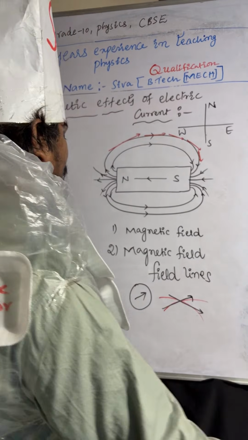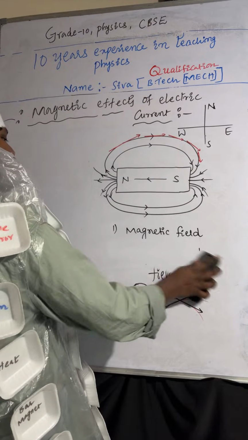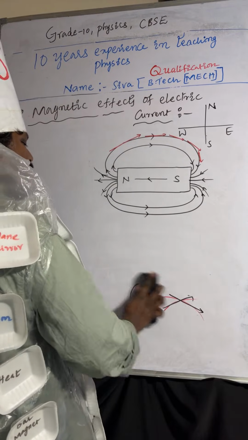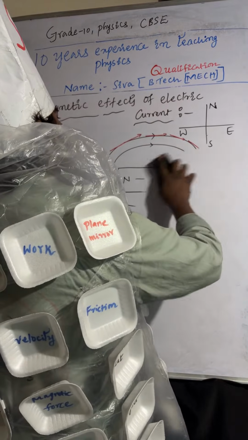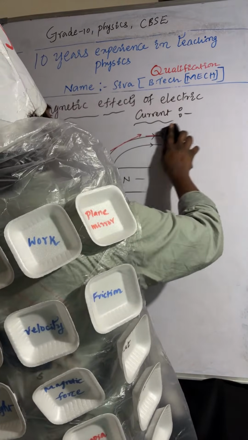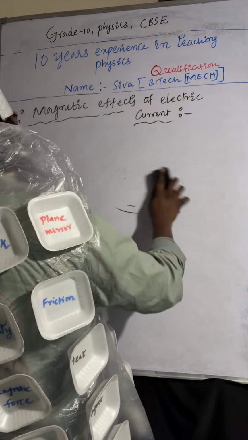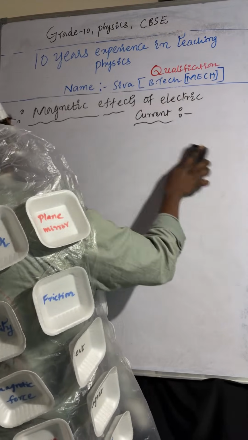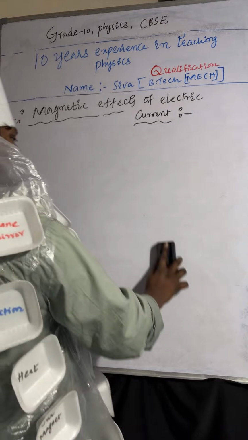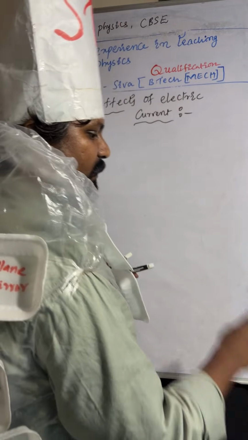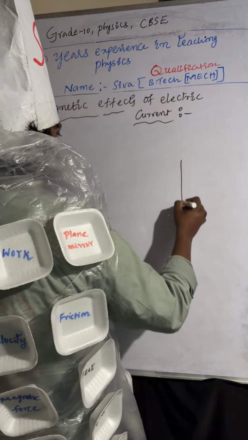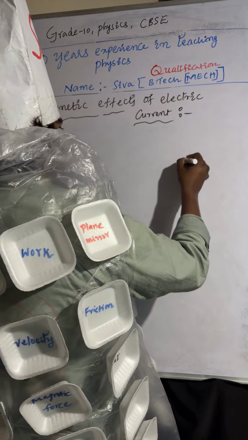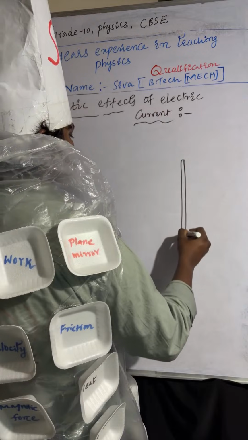Now we will discuss the magnetic field around a current carrying conductor. I am taking a straight copper conductor, and current is passing.